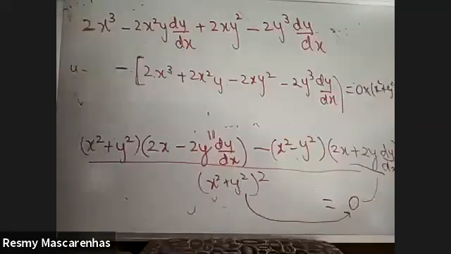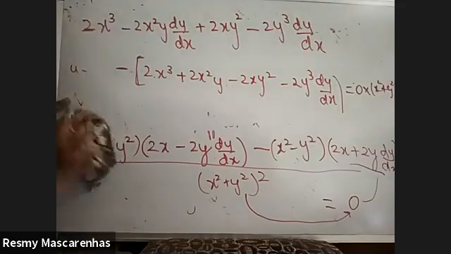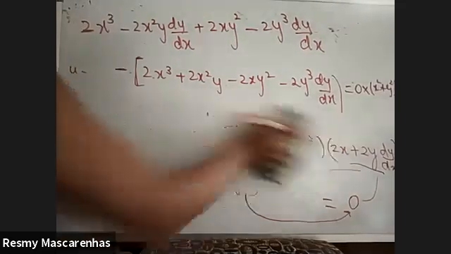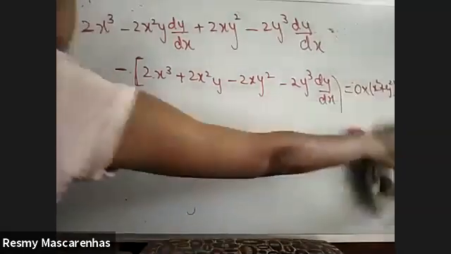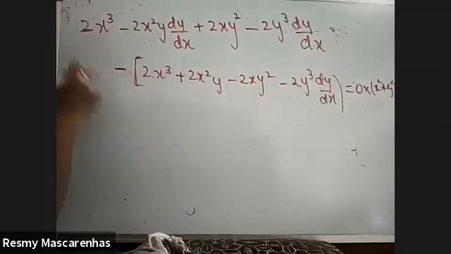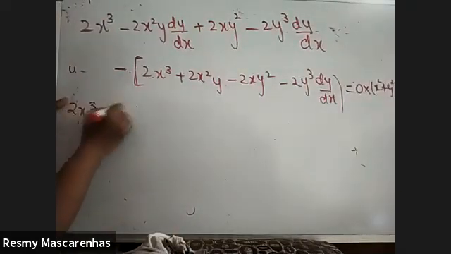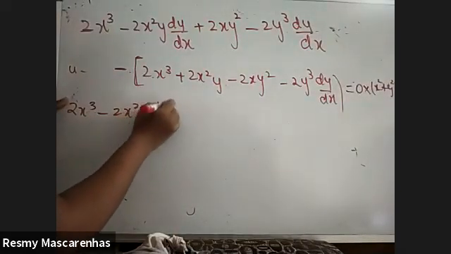This is normal simplification, nothing to do with the derivatives. The derivative I already found in the first step. Now this is only about simplification. So this will be 2x cube, 2x square y dy by dx.